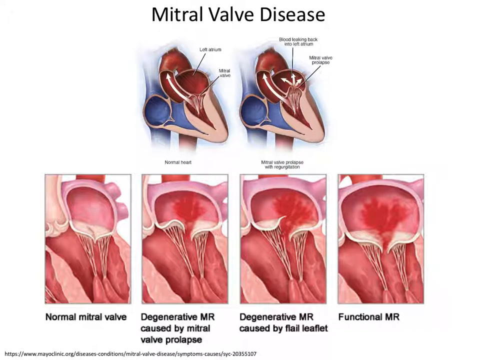Okay, let's look at mitral valves. Again, remember we looked at this in an earlier lecture. What can go wrong with the mitral valve? The mitral valve is here to stop blood going back towards the lungs when it's supposed to be going out the aorta. And if the mitral valve breaks down for whatever reason, you get blood going out the aorta plus blood going back towards the lungs.